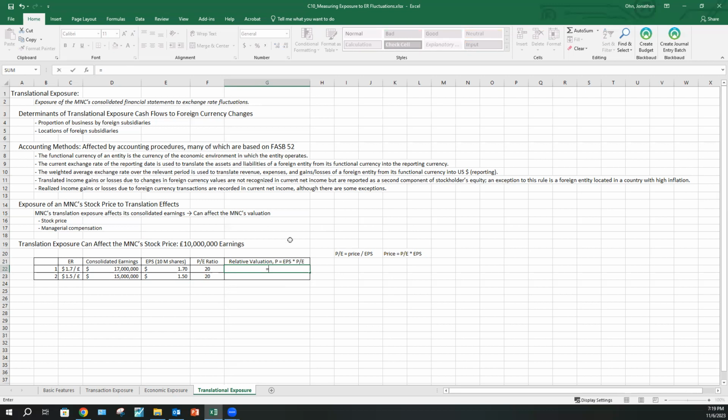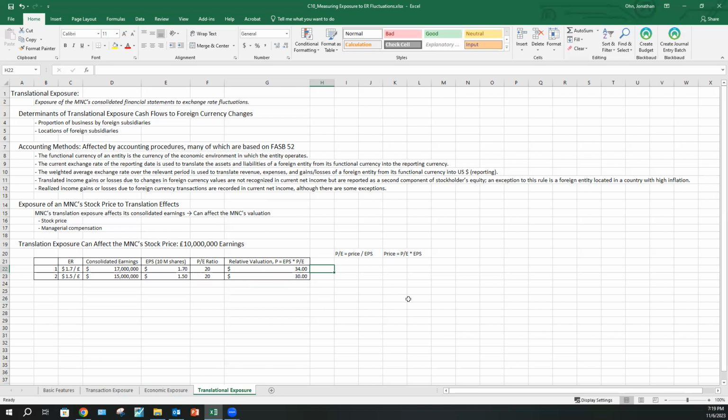The PE ratio is 20 times the earnings per share of $1.70. That is $34, right? Now, in the second scenario, the PE ratio is 20 times and the EPS is $1.50. Look at this. It's quite different, right? The first case is $34 and the second case is $30.